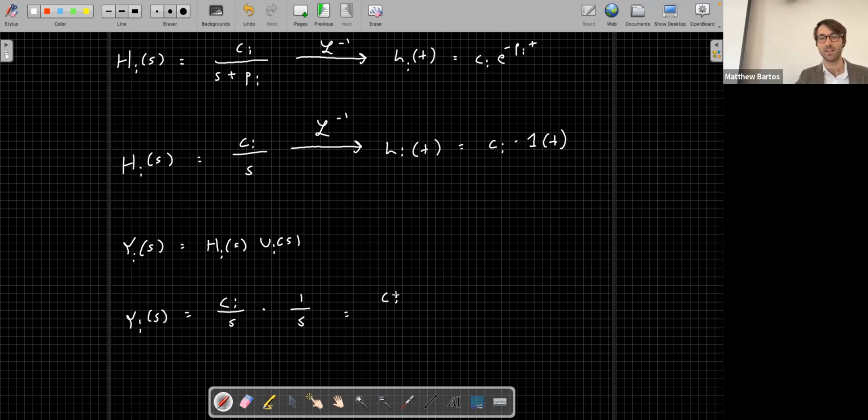This becomes Ci over s squared, right? What does this become in the time domain? Yes. So this becomes Ci times t. Does that remain bounded as time goes to infinity? No. So this will continue to grow forever. So this is marginally stable.